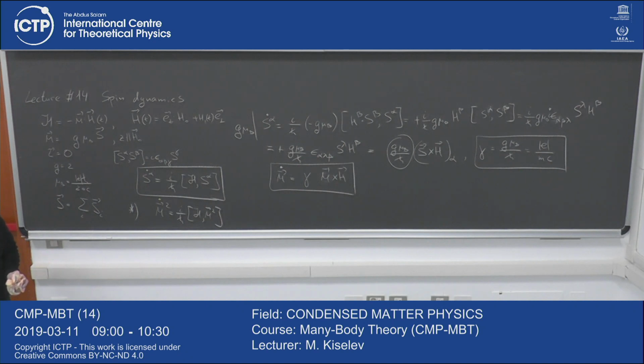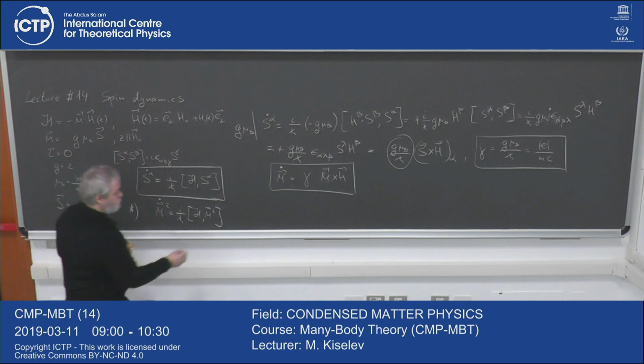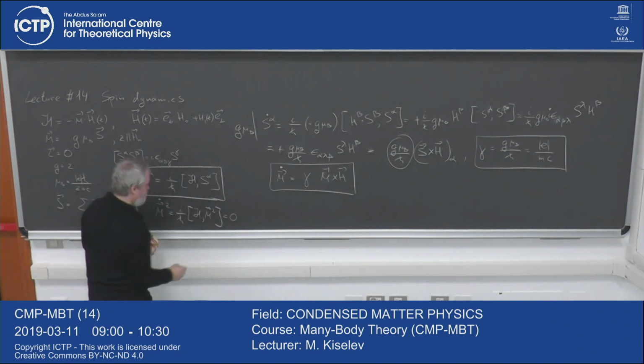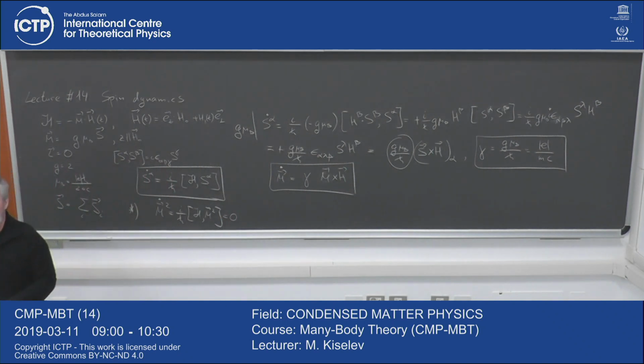So what you need to do is to compute this commutator, show this is 0, and therefore M squared dot is equal to 0, which means that M squared is a constant. I leave it to you as a problem.